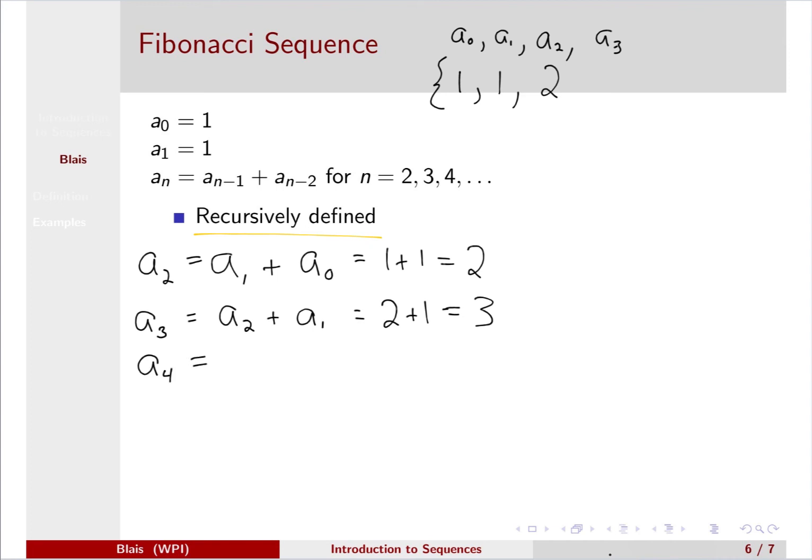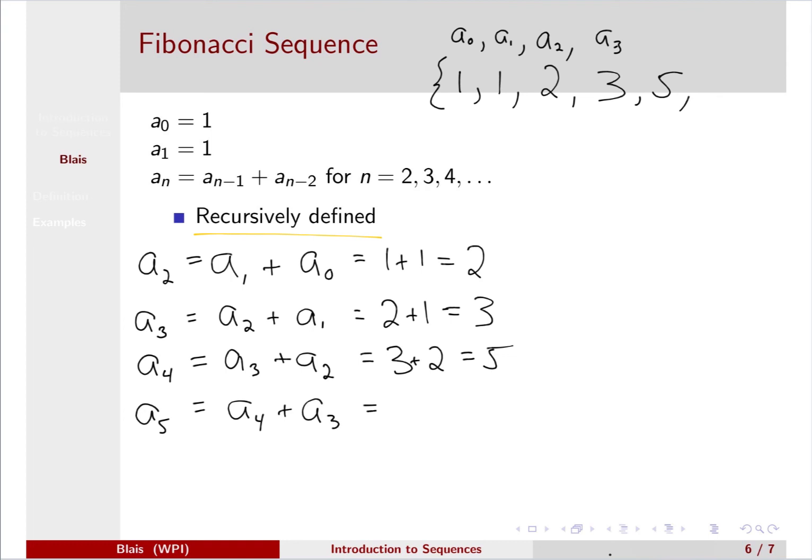Similarly, a_4 is a_3 plus a_2. a_3 is 3, a_2 is 2, so 5. a_5 would be a_4 plus a_3. 5 plus 3 is 8.